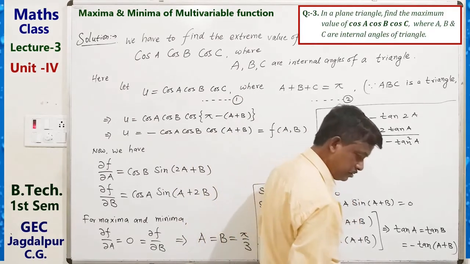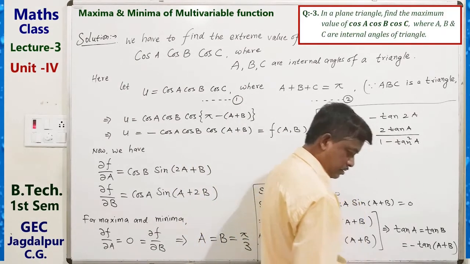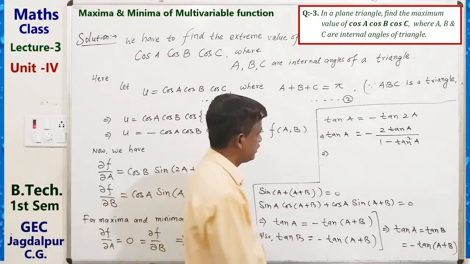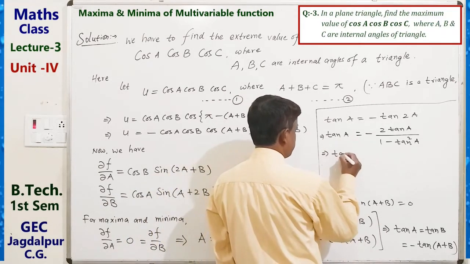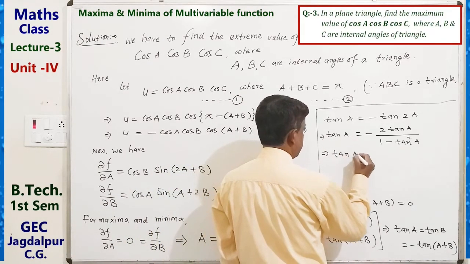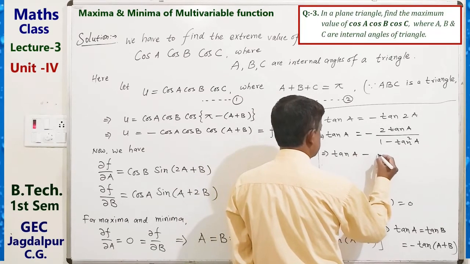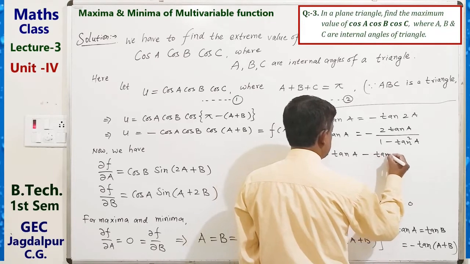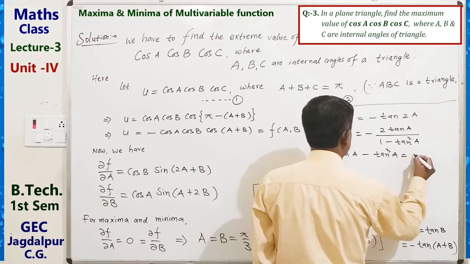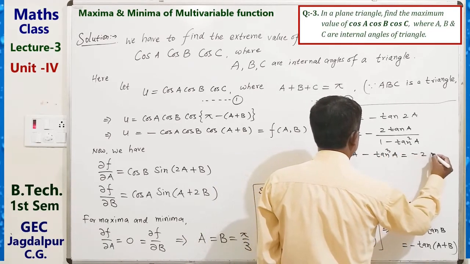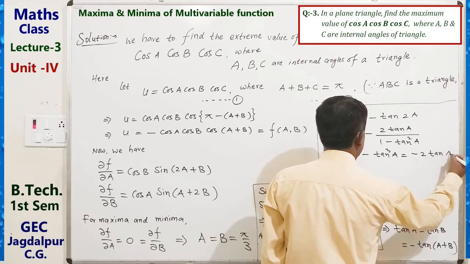How? Tan a minus tan cubed a equals minus 2 tan a.